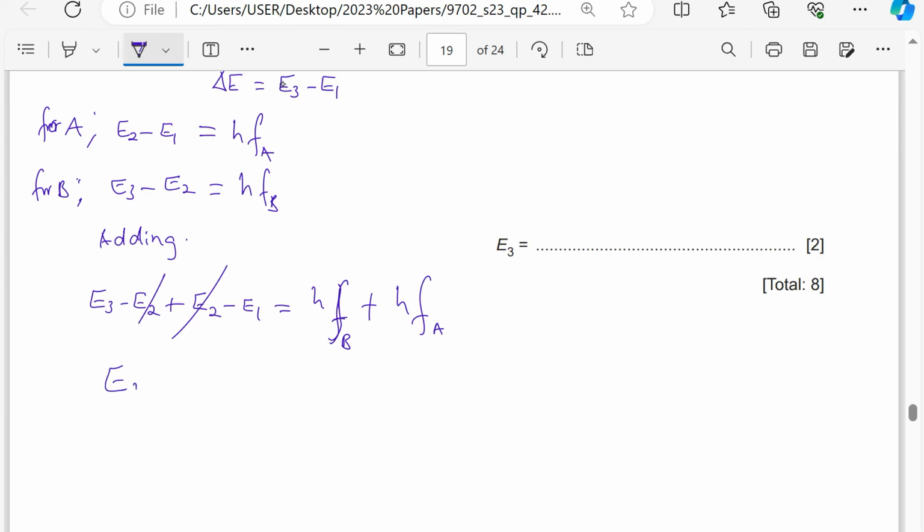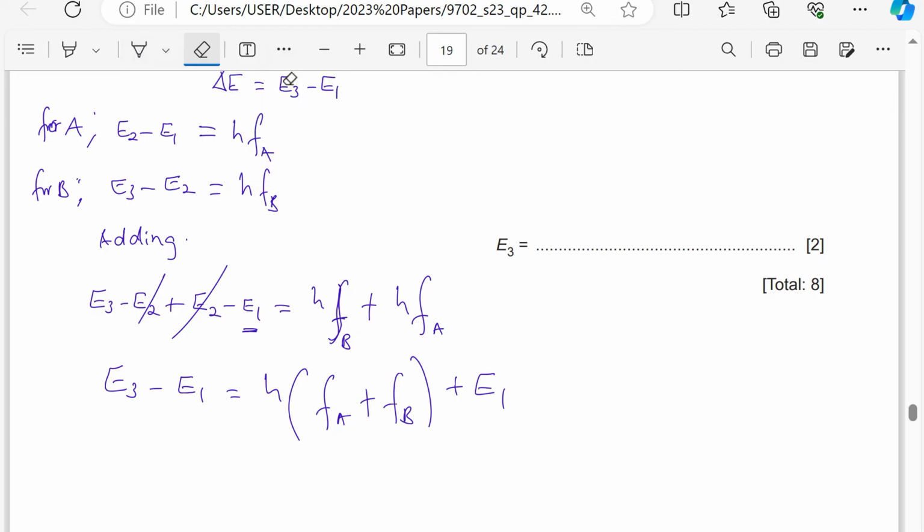Therefore, we have that E3 minus E1 is equal to h(FA plus FB). And there is an E1 here, so that is plus E1. Oh no, it is still on the left hand side.